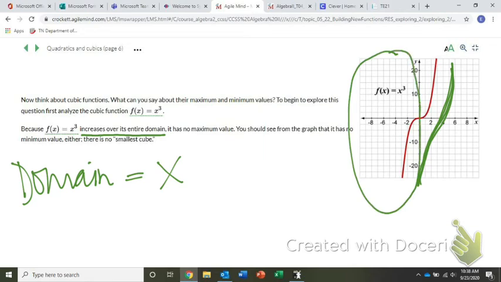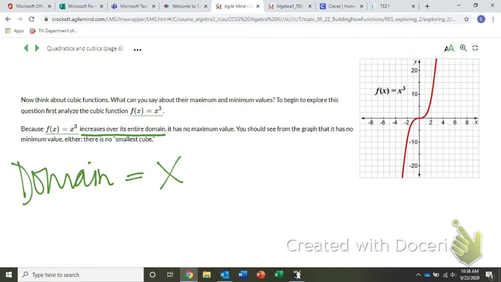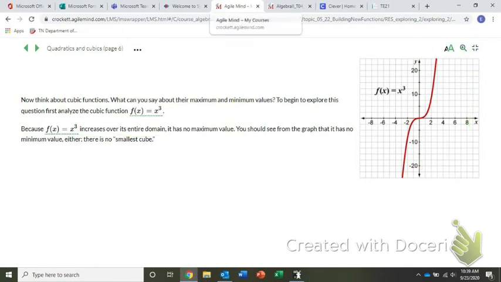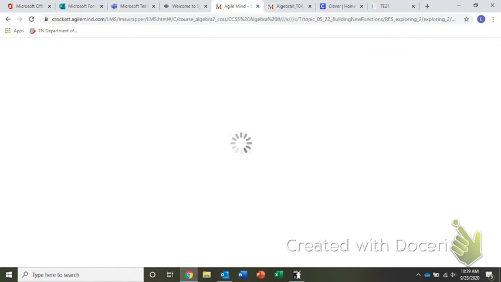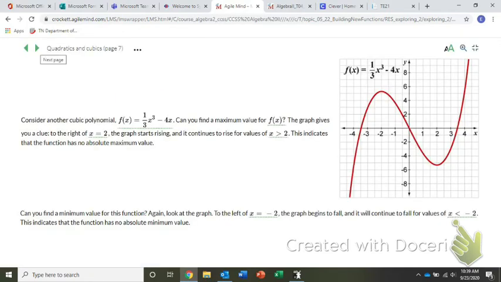You notice that it is strictly increasing, right? Now, once you move to the right side of the graph, you see that it is strictly only increasing again. So if it's only increasing or if it's only decreasing, there are no max and min values.